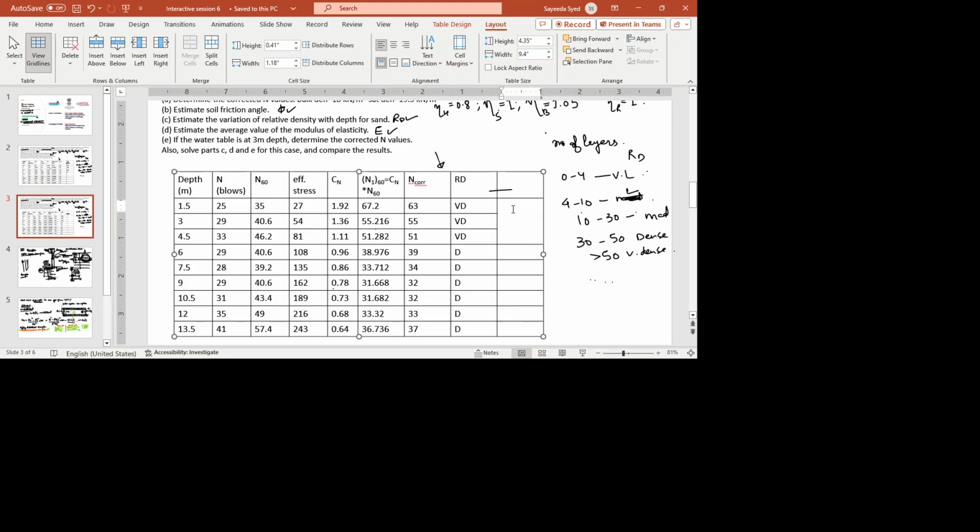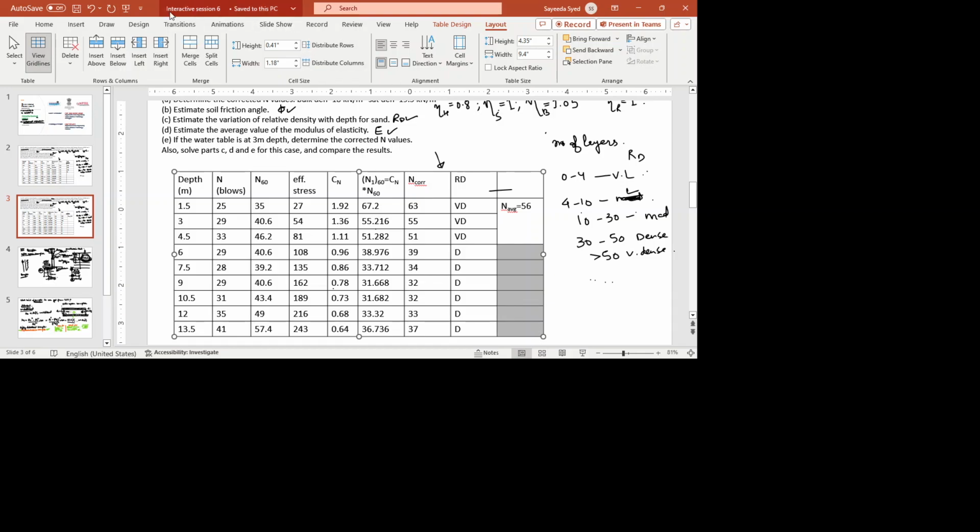So we will have an average N value here. The average N value will be 63 plus 55 plus 1, about 56.